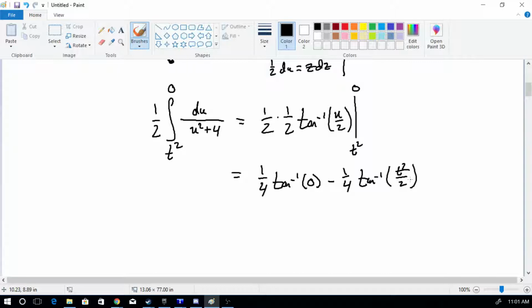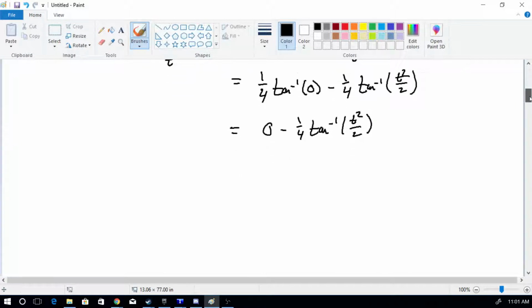Arctan of 0 is going to be 0. So this is 0 minus 1/4 tan inverse of t squared over 2.